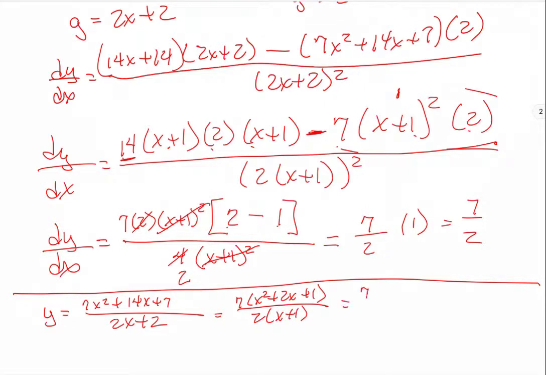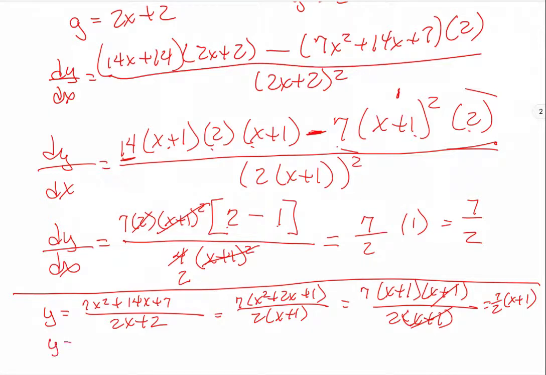So that equals 7 times x plus 1 times x plus 1 over 2 times x plus 1. So those cancel, and what I really have is 7 halves times x plus 1. So y equals 7 halves x plus 7 halves.